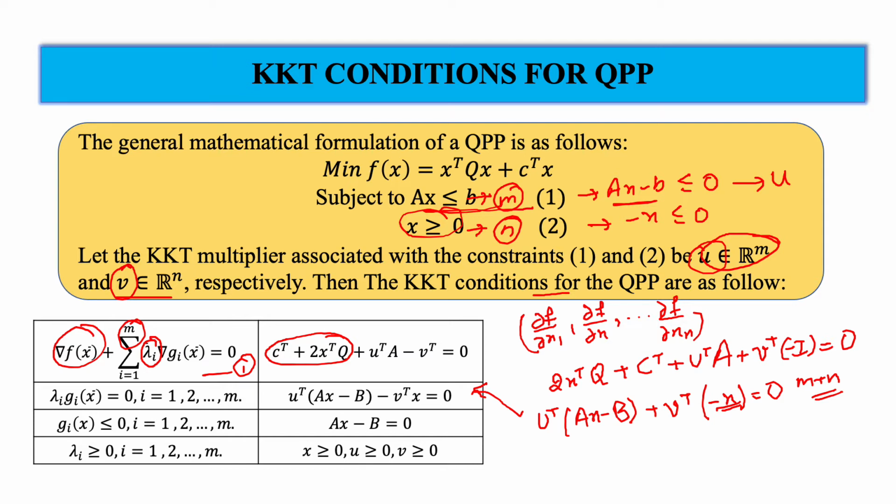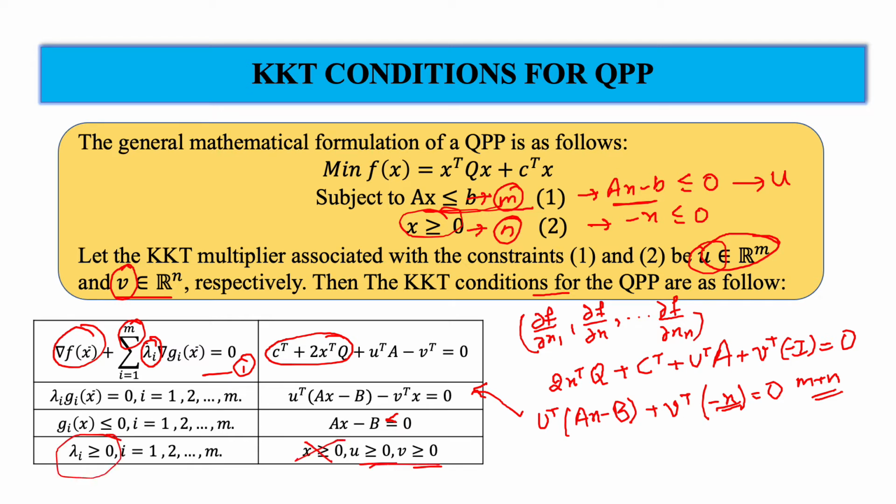Now we will see the feasibility condition. The feasible condition is Ax minus b less than or equal to 0. So here it is the less than or equal to sign. And last is that all our multipliers should be greater than or equal to 0, which is u greater than or equal to 0 and v greater than or equal to 0. All multipliers, all lambdas, must be greater than or equal to 0. x is not there.